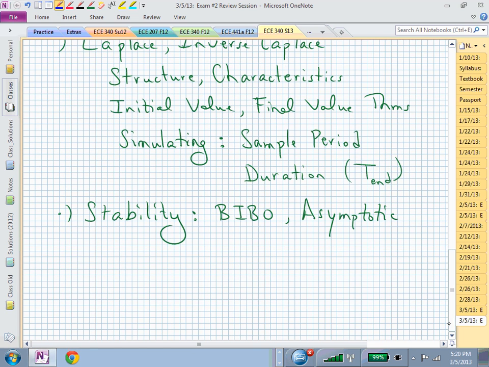You also should be expected to answer questions on stability in terms of bounded input, bounded output stability, and asymptotic stability, and know the difference between those types of stability. I think I'll go through some questions dealing with these latter parts first, and then we'll get into maybe a convolution or a Bode plot or something that I hope you already are pretty comfortable with.